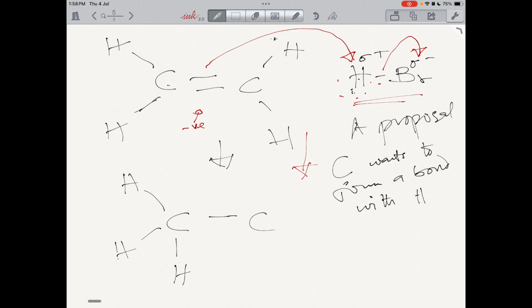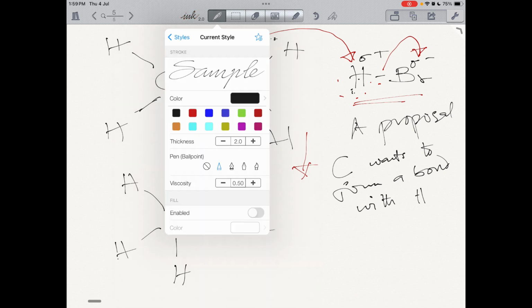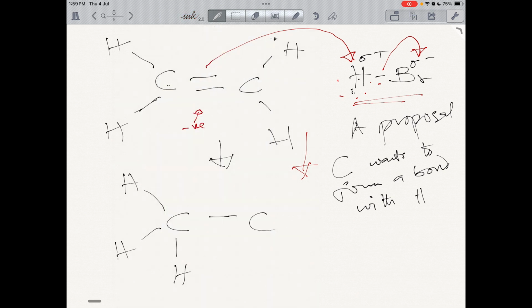So this bond is broken. So what do you now have as a result? You have hydrogens staying here, and the other carbon now has only 2 hydrogens on it.